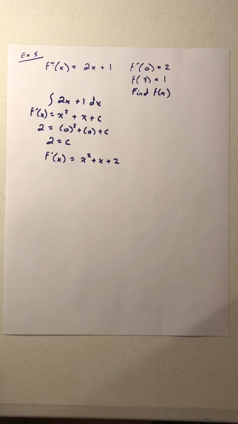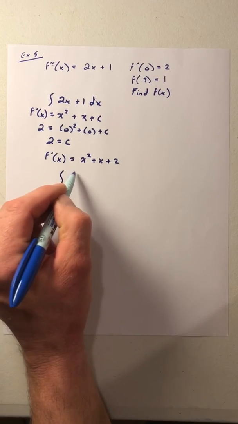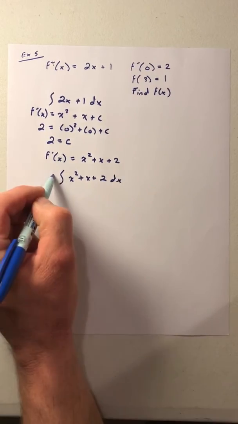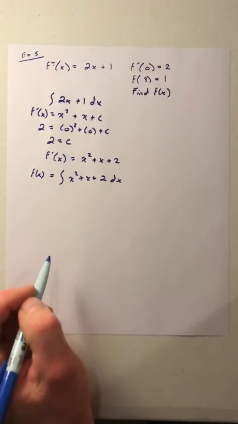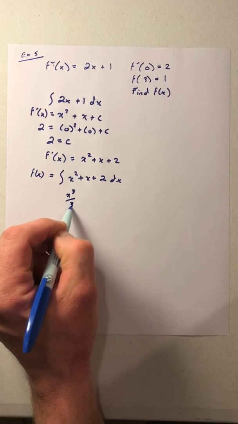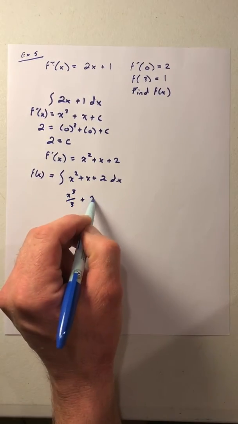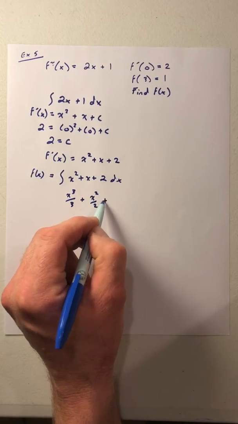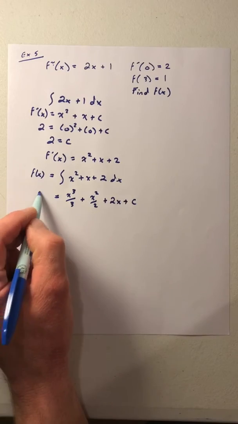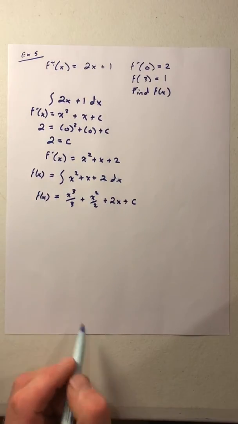Now if I integrate the first derivative, I'll end up with the original function. So integrating x squared, I end up with x to the third over 3. Integration of x is x squared over 2. Integration of 2 is 2x plus c. And there's my original function.